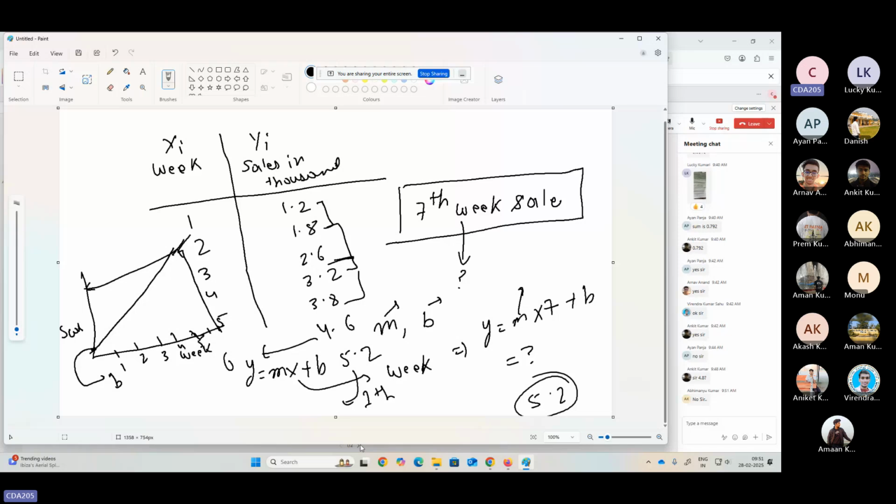How to proceed? Anyone can tell. I already taught you in linear regression. I already told you about the direct formula. What is the direct formula of m? And what is the direct formula of intercept b? If you remember the direct formula, you can easily calculate it.